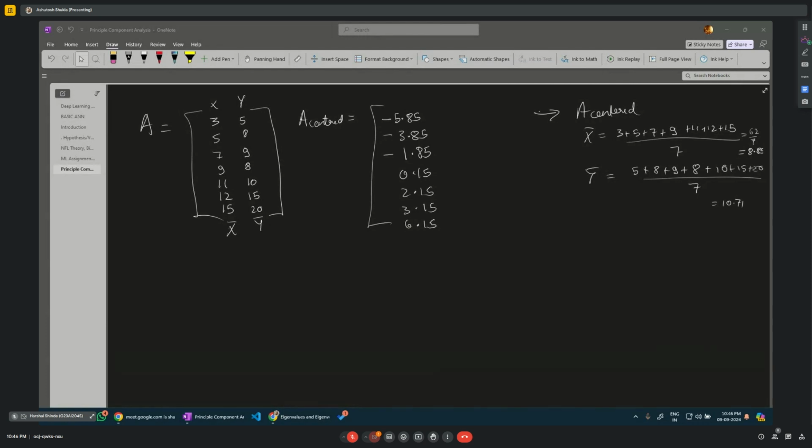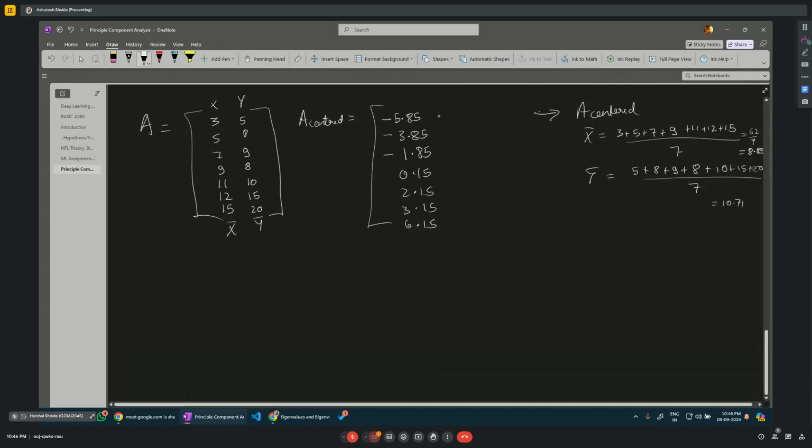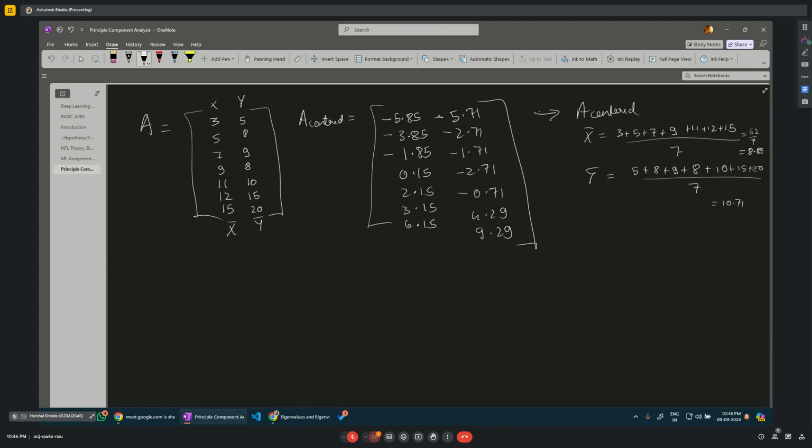So that is minus 5.71, then minus 2.71, then minus 1.71, then minus 2.71 again, because that's 8 again, minus 0.71, 4.29, and 9.29. So this is our centered matrix.